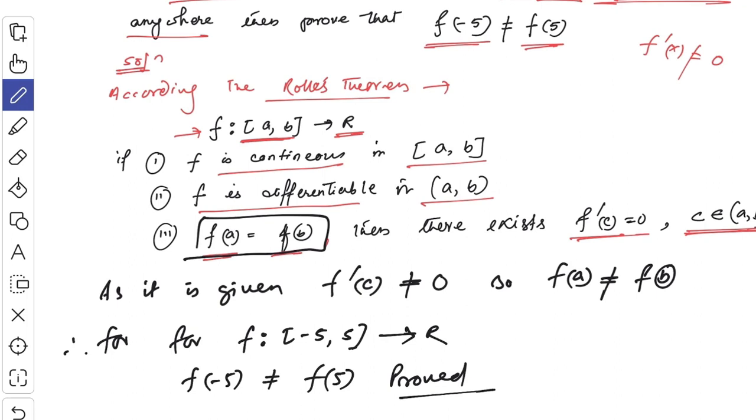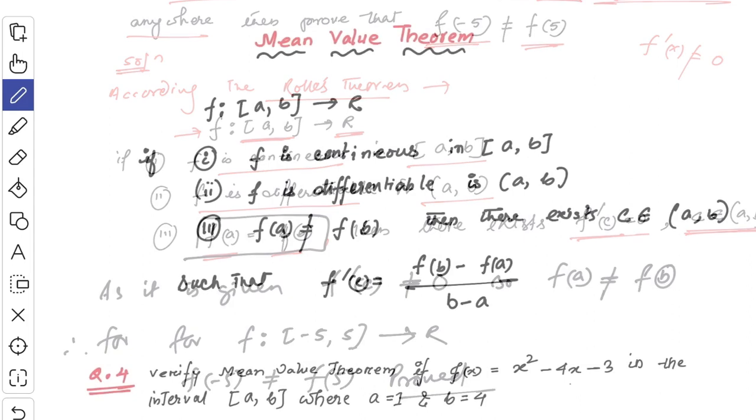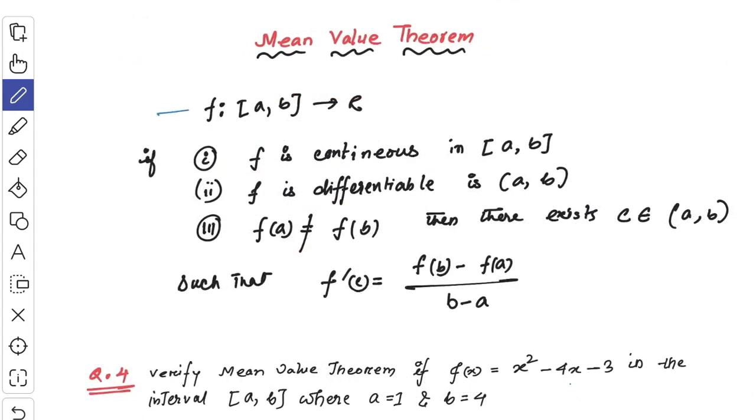Now let's move on to next question, question number 4. So to solve question number 4, we must know the mean value theorem. So let me tell you the mean value theorem. So according to mean value theorem, suppose we have a function f, and here is its domain and this is the range, and f is continuous in its domain and differentiable in the open interval a to b.